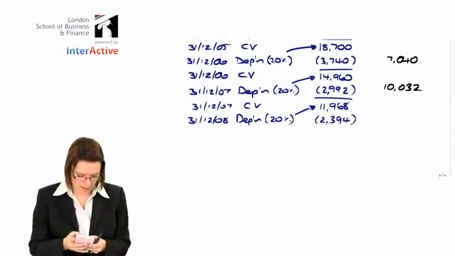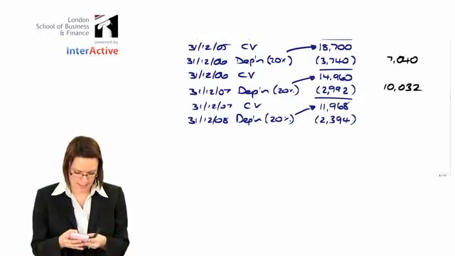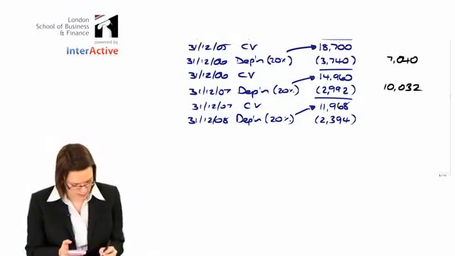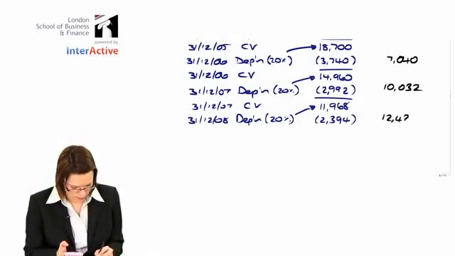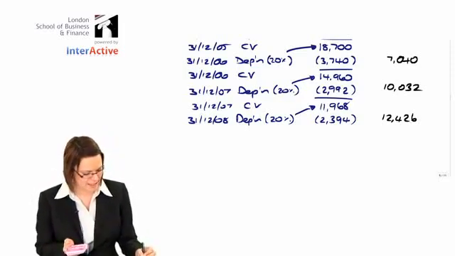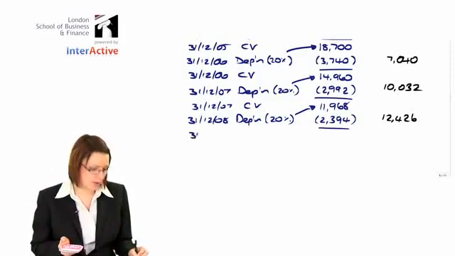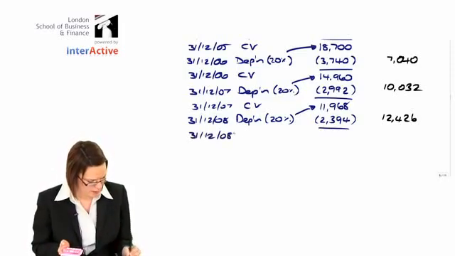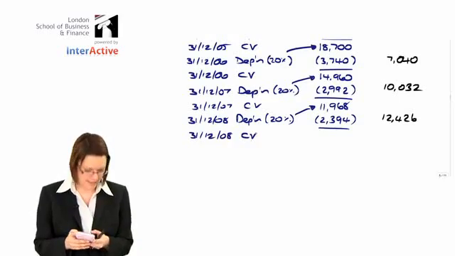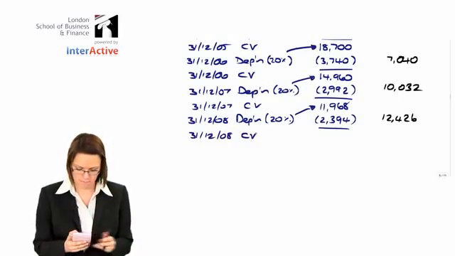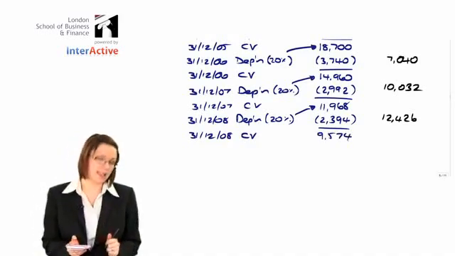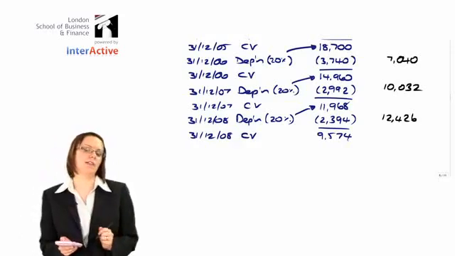And if we add 2,394 to the balance of accumulated depreciation of 10,032, that's going to give us 12,426 accumulated depreciation at that date. Carrying value, 31st December 08, 11,968 minus 2,394. It's going to give us 9,574 as the carrying value at the end of December 08.